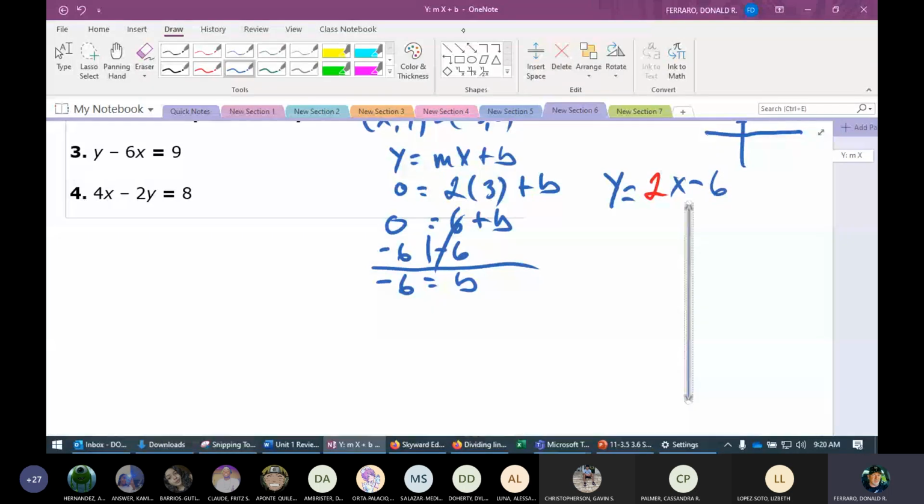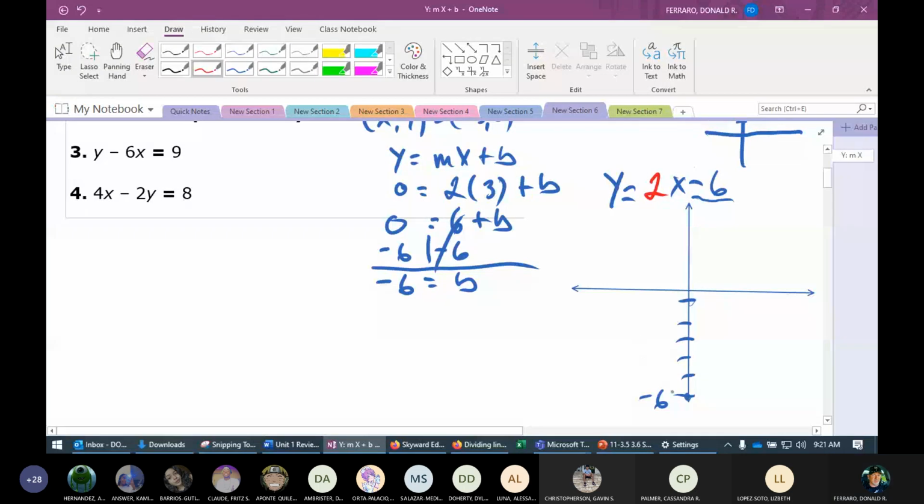That's my y-axis. That is my x-axis. And then I go to negative 6. That's where I'm going to start. So I go 1, 2, 3, 4, 5, 6. That's negative 6, and I'm going to put my first point there.